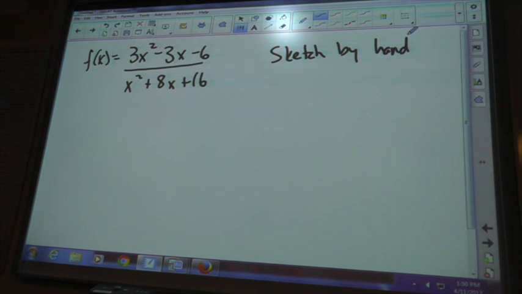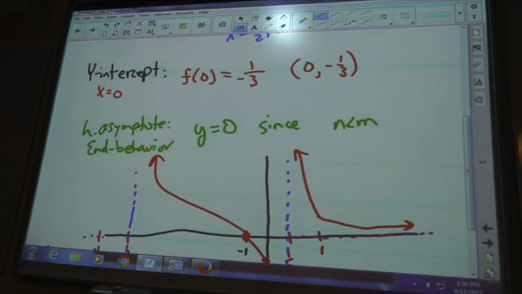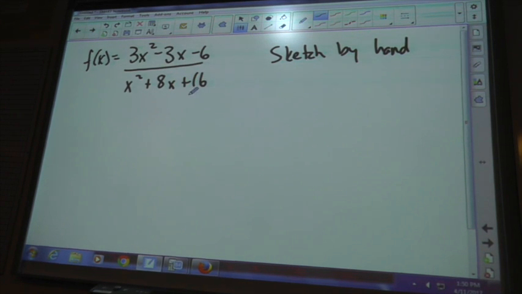Sketch by hand. So basically you're going to do this template over here. So I'll give you guys some time to do that.